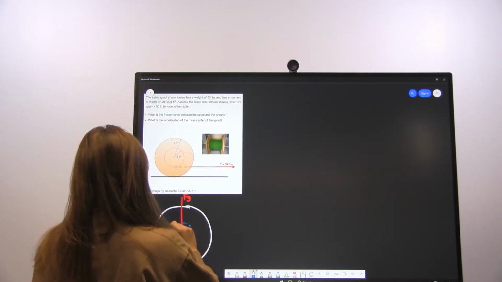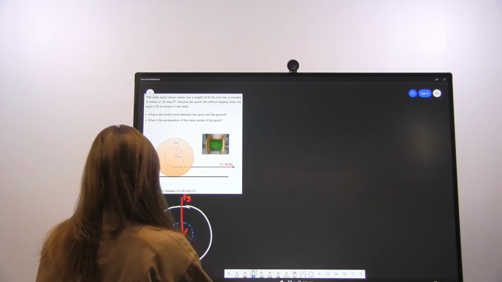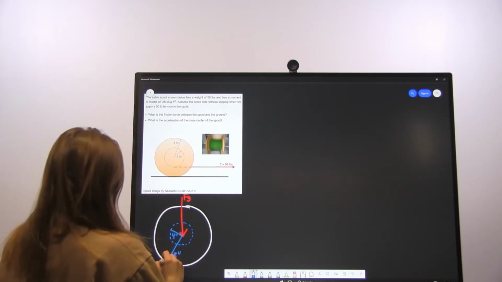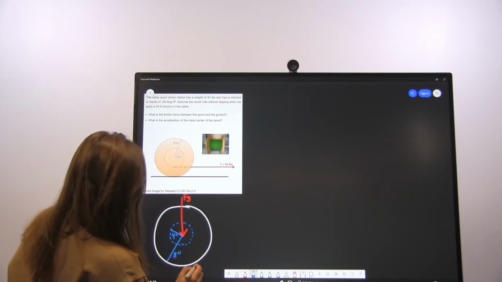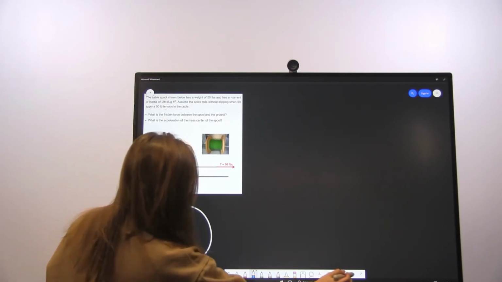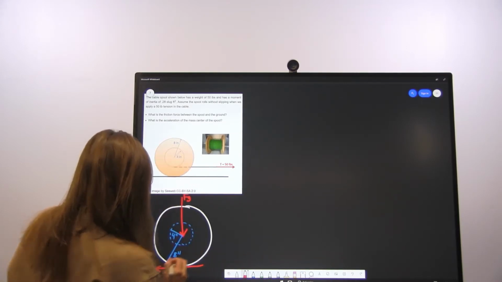This first one is 4 inches, and the larger one is 8 inches. And then we have a force of friction acting opposite the motion. So our force of friction is going this way.